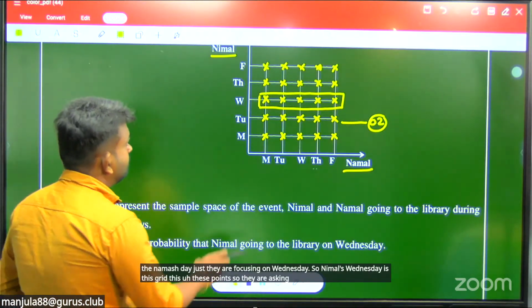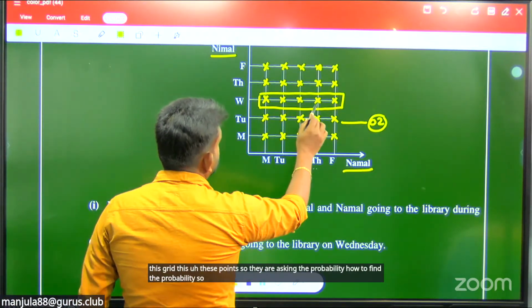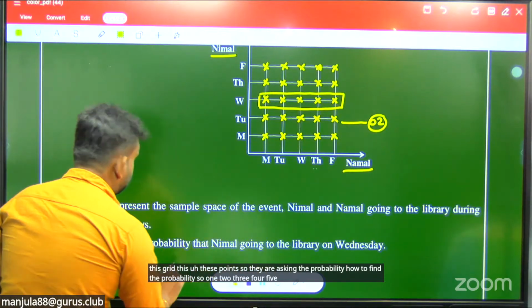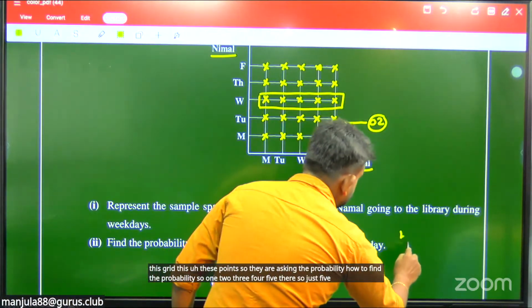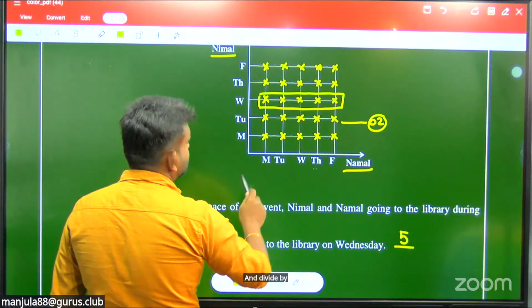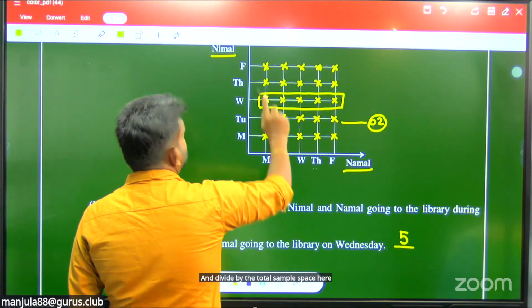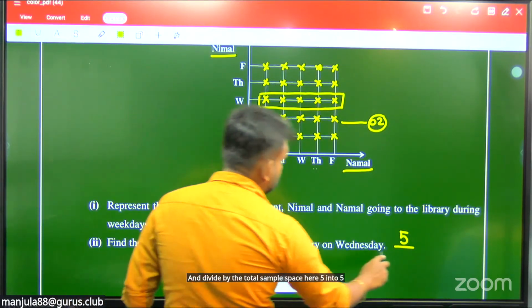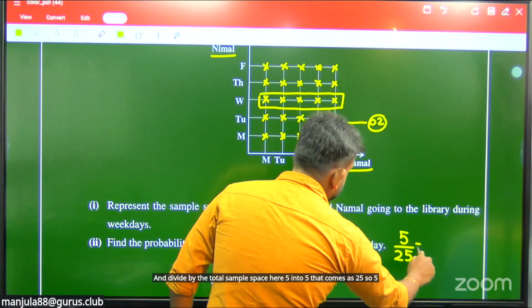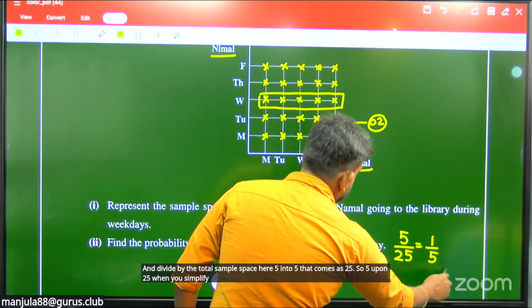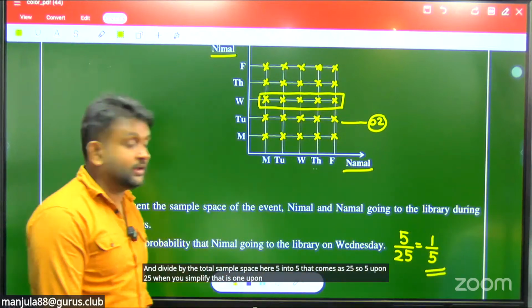How to find the probability? 1, 2, 3, 4, 5, so just 5, divided by the total sample space. Here 5 into 5 comes as 25. So 5 upon 25, when you simplify, is 1 upon 5.